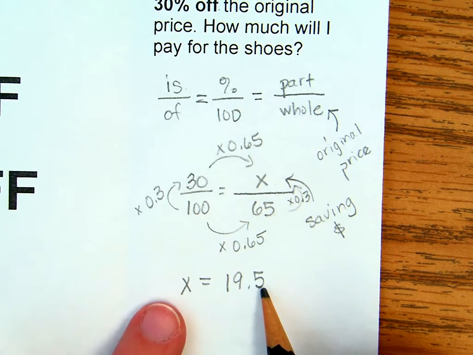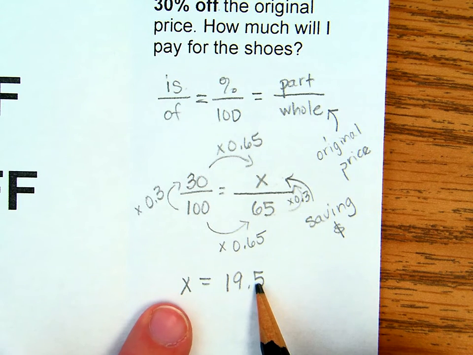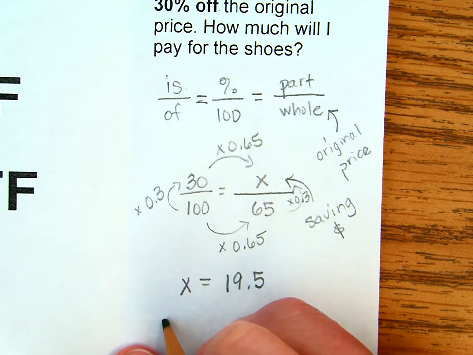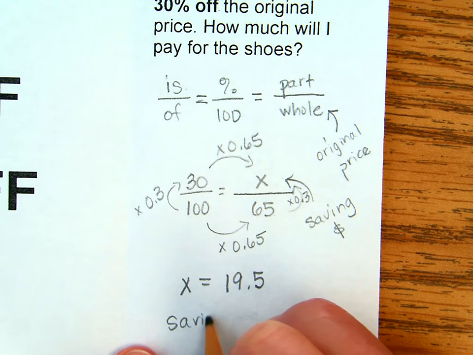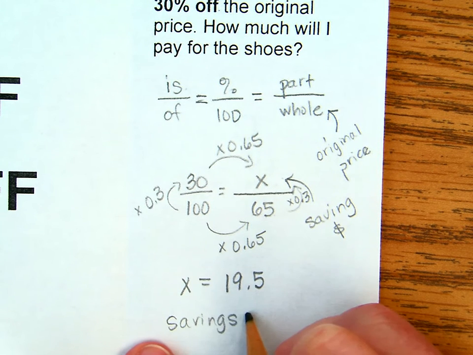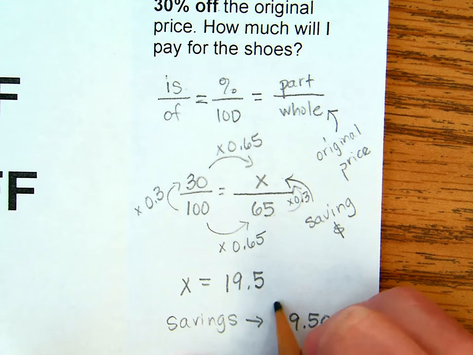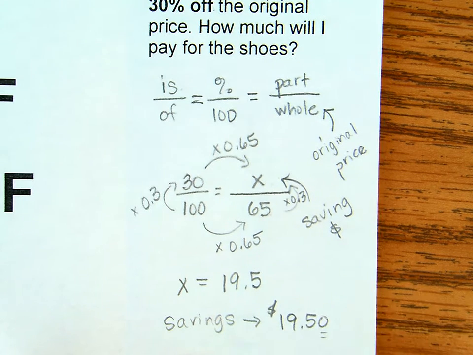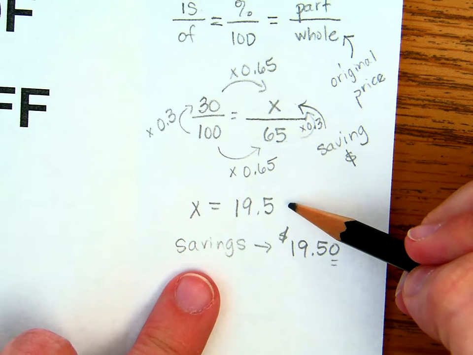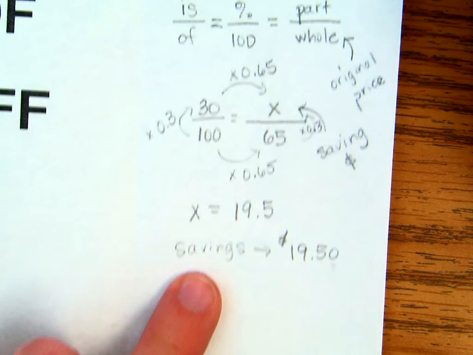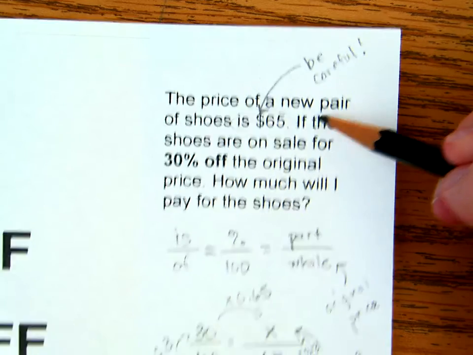Remember that we're talking about money though, so if x is 19.5, then the amount of savings is not 19.5, it's $19.50, because when we're talking about money, we want to go out to the hundredths place. So remember, we're not finished yet here, though, because this is how much money I'm going to save off of the original price of $65.